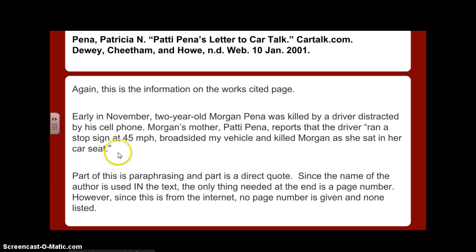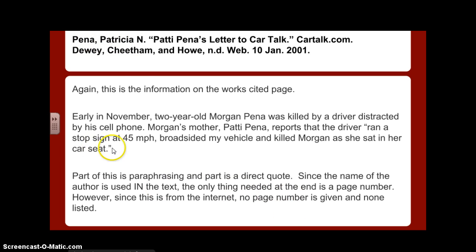We would put a parenthesis here, Pena, end parenthesis, and put a period. Okay? But again, since the name was mentioned in the text, nothing is needed here. Because again, I can see Patty Pena and I can go to the website or the works cited page and find where the information came from.